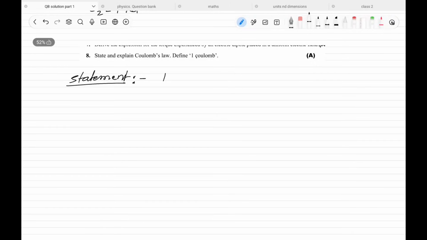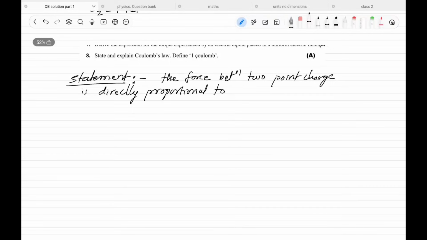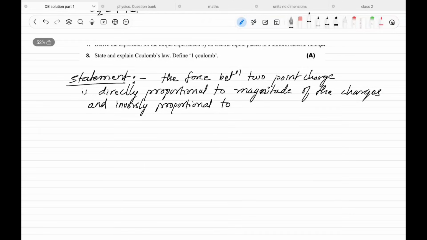According to Coulomb's law, the force between two point charges is directly proportional to the magnitude of the charges and inversely proportional to the square of the distance between them. The square of the distance between them.